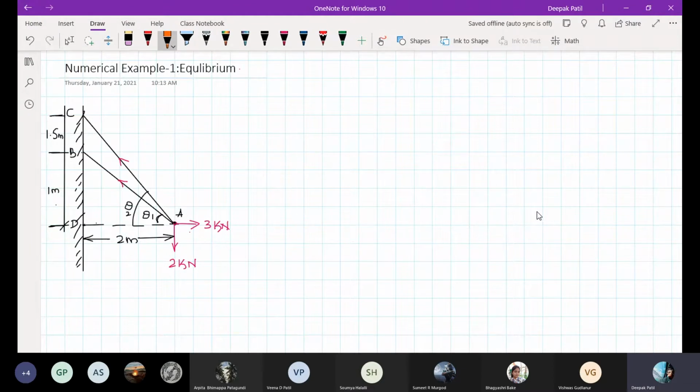Now first, I want all of you to tell me whether I can apply Lami's theorem here or not. Can I apply Lami's theorem or not? That is my basic question. Yes, students, am I audible?